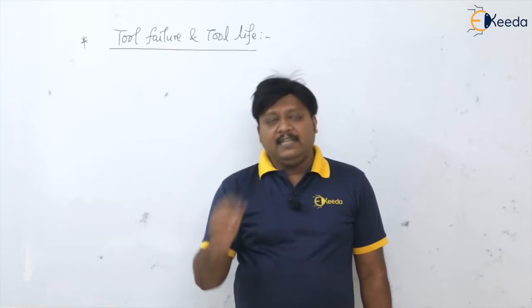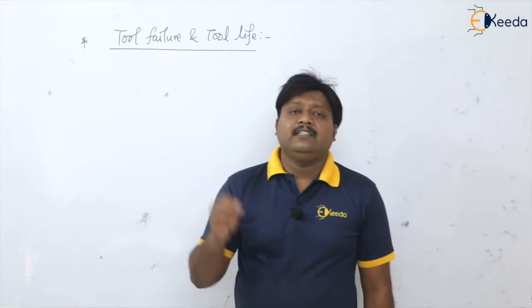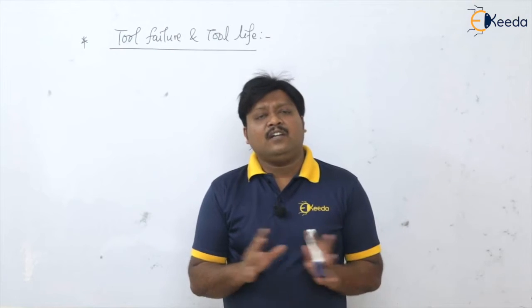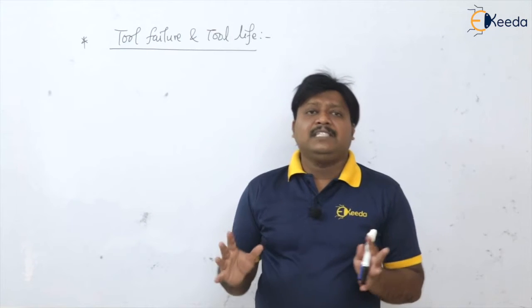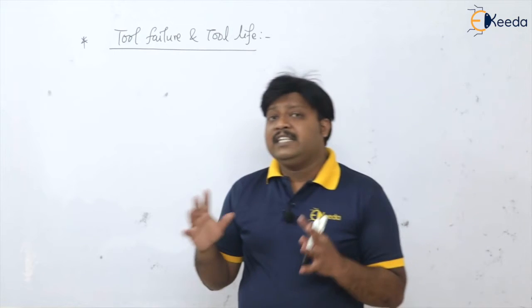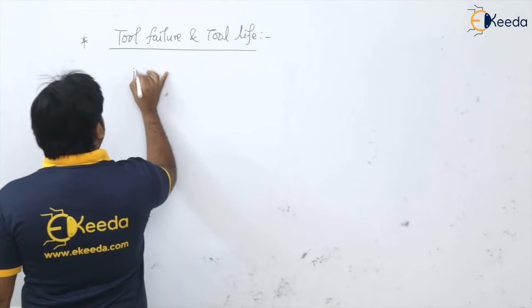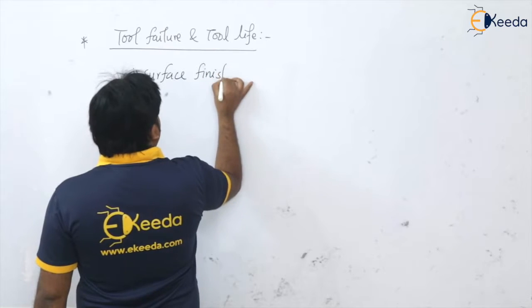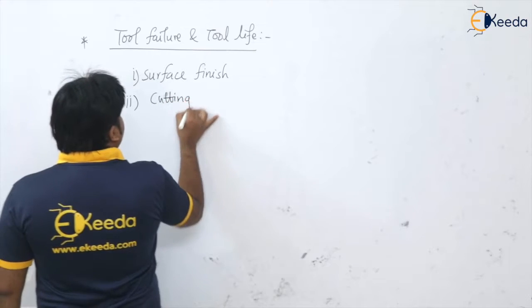So see, whenever the tool is not performing satisfactorily, then we can say that the tool is failed. And for that we are having the online parameters which can decide the satisfaction of machining. So which are these online parameters that we are going to check for whether the tool is okay or it is failed? So number one, we are having the surface finish, the produced surface finish on the workpiece. Second, we are having the cutting forces in the operation.